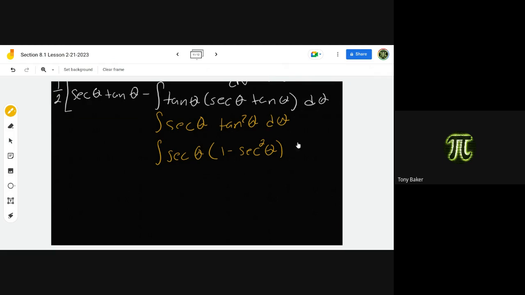Oh, no, backwards. This is just secant theta. Minus 1 or plus 1? It is minus 1. Okay.